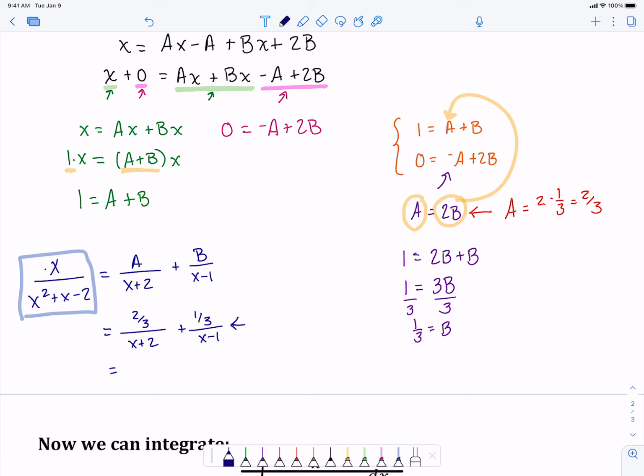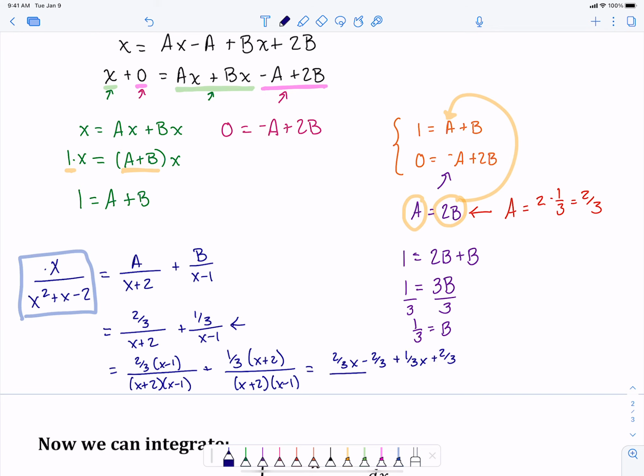So our common denominator would be 2/3 times x minus 1 over x plus 2 times x minus 1, plus 1/3 times x plus 2 over x plus 2 times x minus 1. And so we get 2/3 x minus 2/3 for our first numerator, 1/3 x plus 2/3 for our second numerator, and over our common denominator.